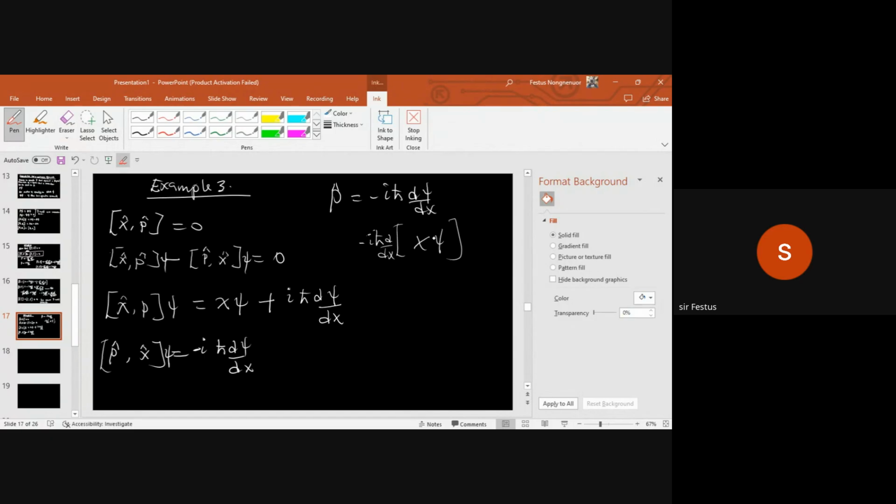So the first one, since the operator is to the left of the function, it only works on the function. I don't know whether you are getting what I'm saying. Did you get what I'm saying?